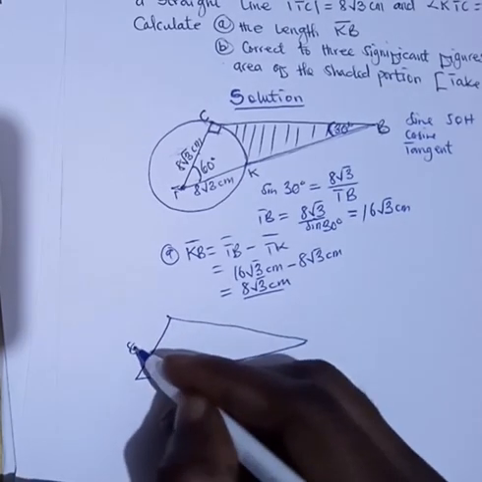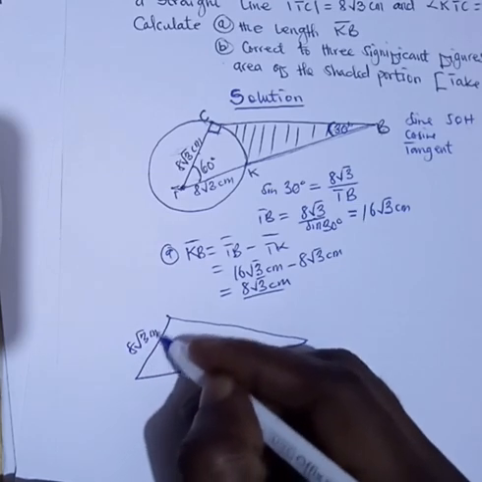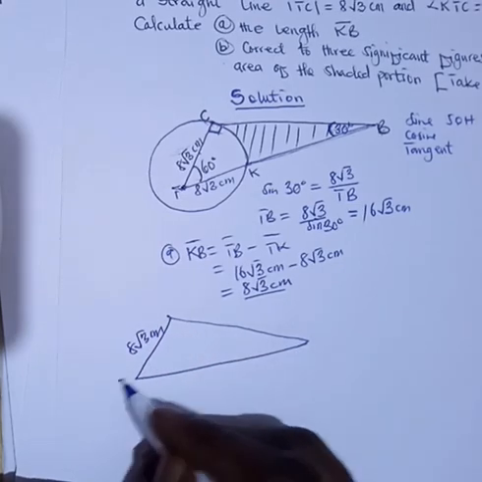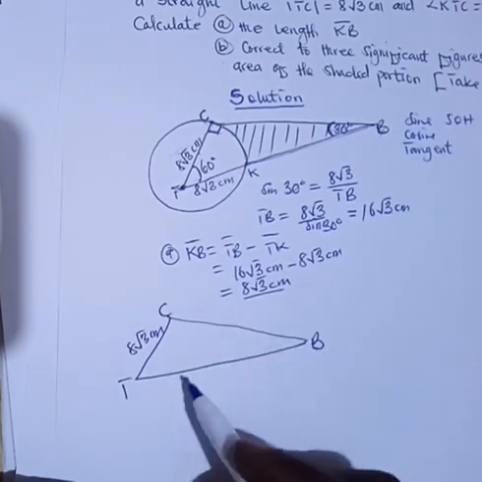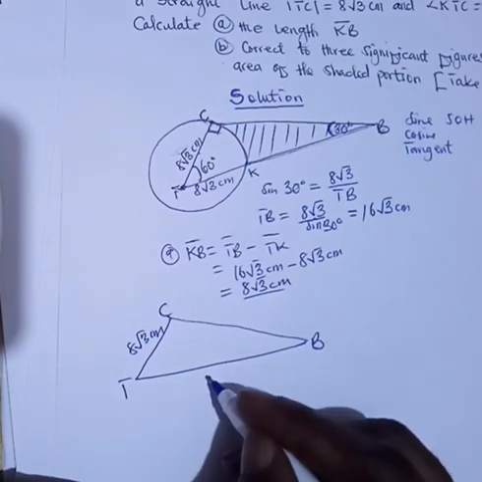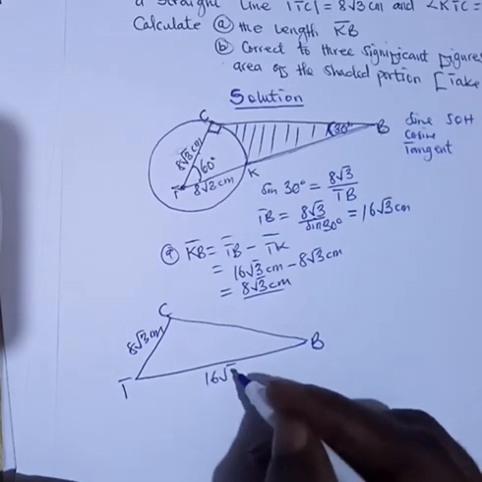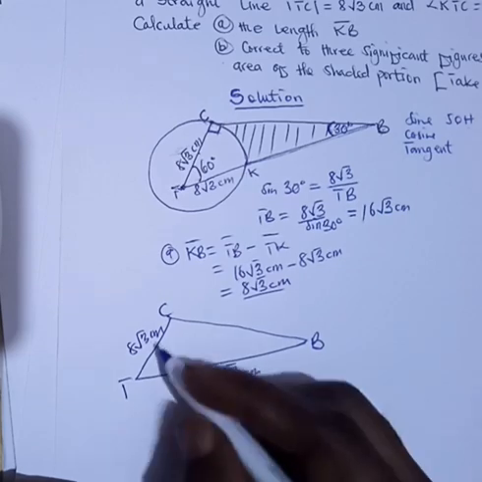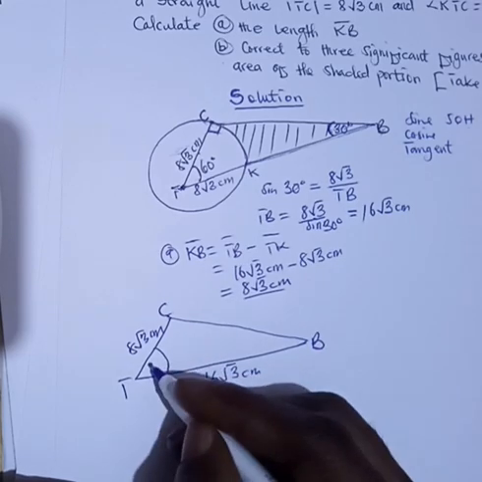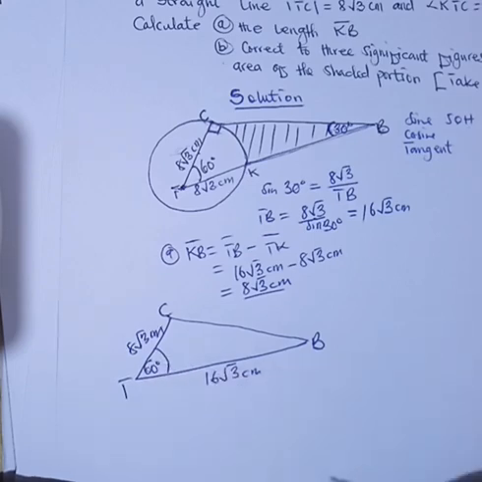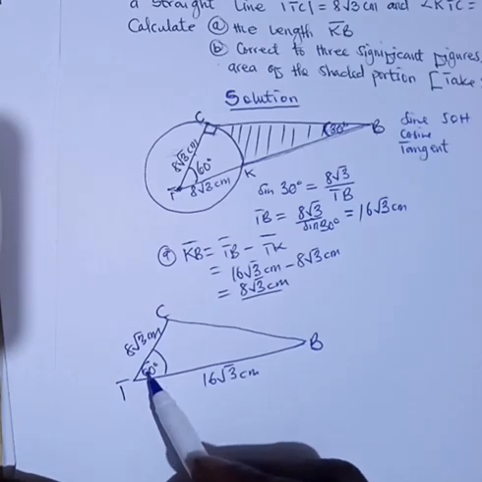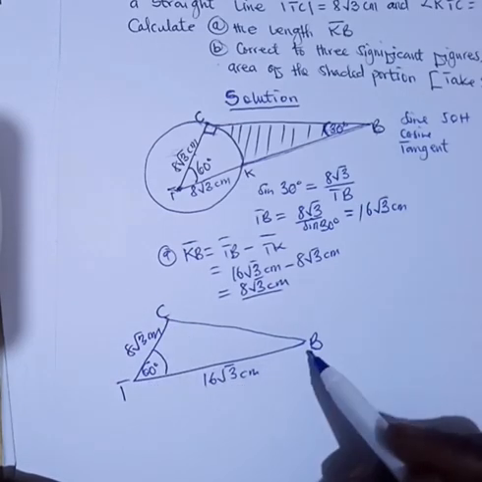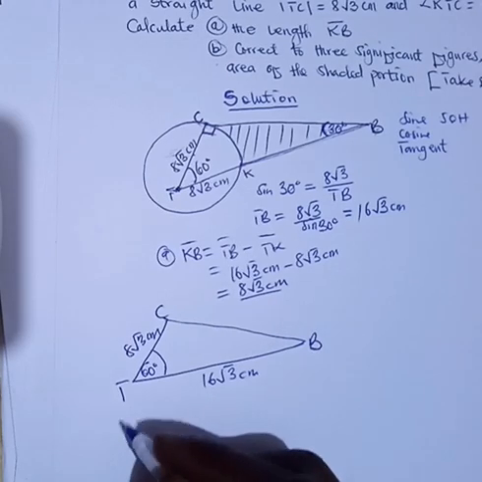So here is 8 root 3 centimeters, and then we have here as T, here as C, here as B. So we got TB as 16 root 3 centimeters, and we have here 60 degrees. Once we know two of the sides, then we can apply this formula.